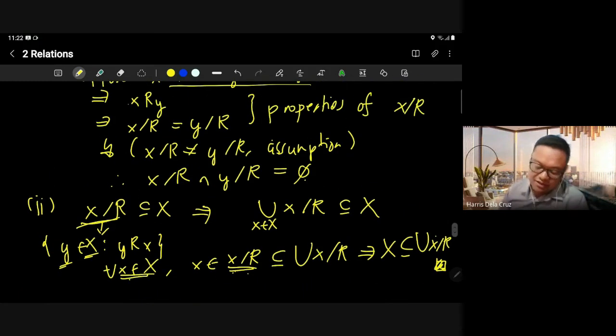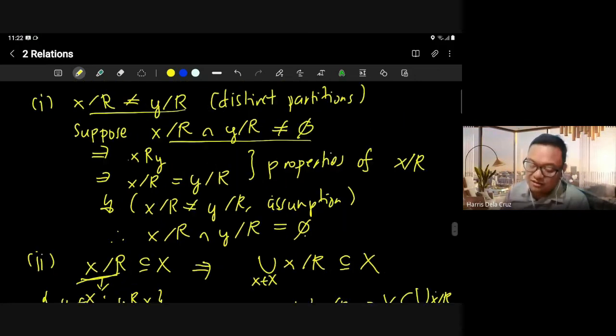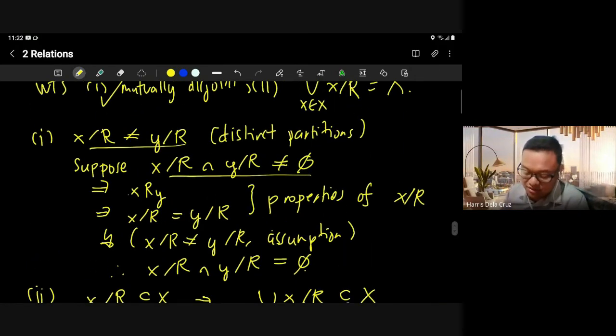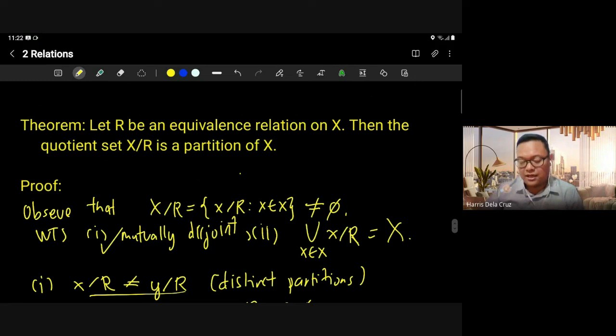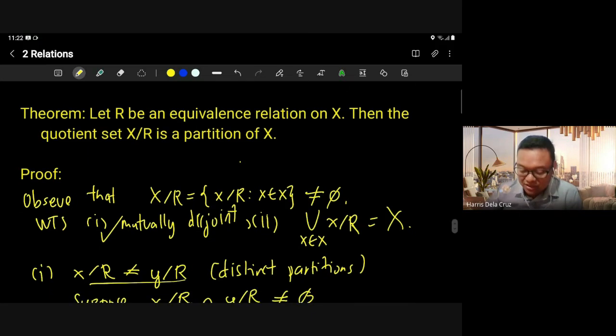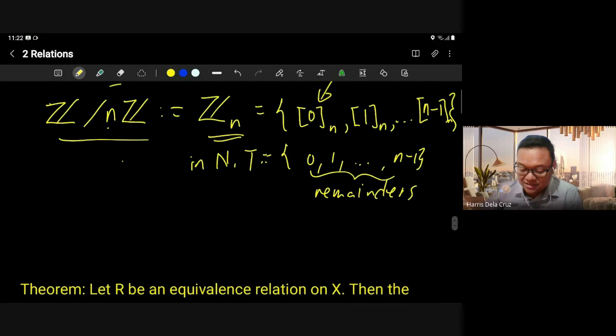Okay na? Kasi napakita natin na yung union is the same as X, at each element of the partition is mutually disjoint. Okay? So again, this is true for any equivalence relation R. So kada isang equivalence relation R, nag-i-induce daw siya ng partition ng X. Which is precisely yung example natin kanina. Di ba?